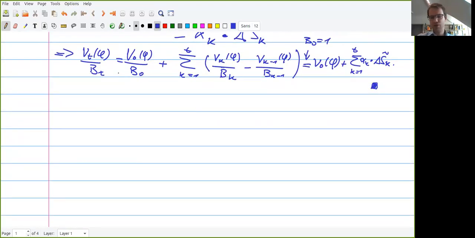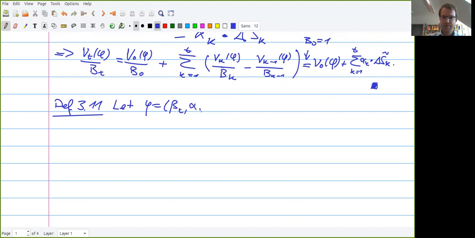So I already have used the word discounted value process. So let me also link it to a formal definition here. If we have a trading strategy, as usual, phi consists of two positions, right? The one in the risk-free and then the risky asset. And well, that's the trading strategy.